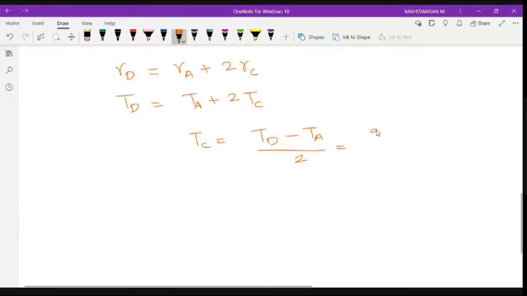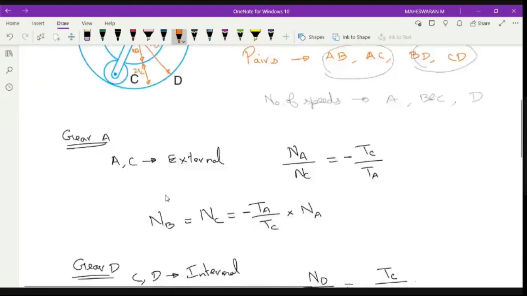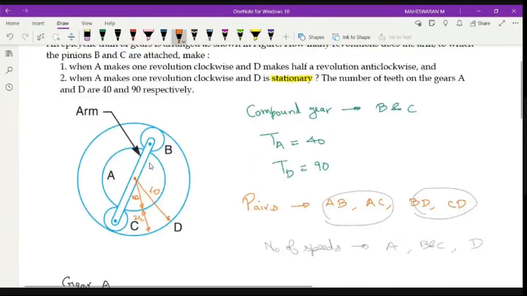So 90 minus 40 divided by 2, which means 50 by 2, 25. So your TC is 25. Of course, your TB is also 25 because both have the same diameter. If the diameters are different, we can also identify it in the same way.